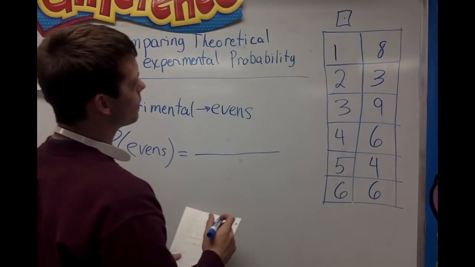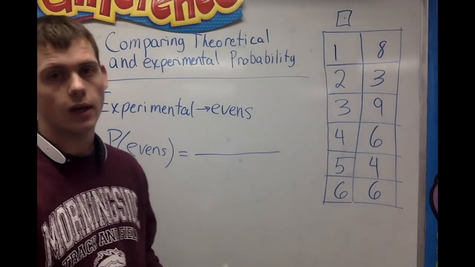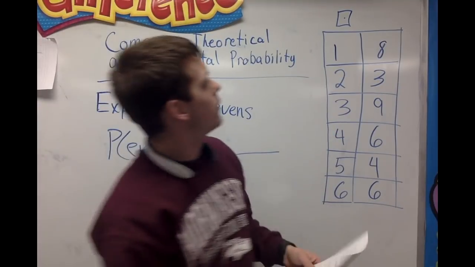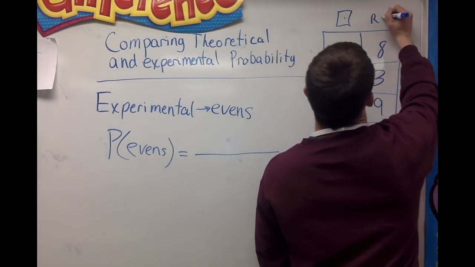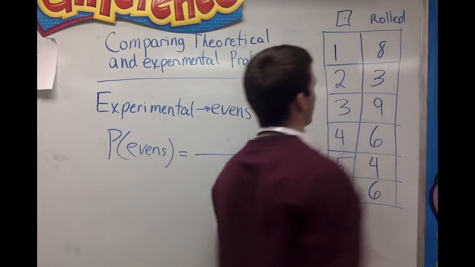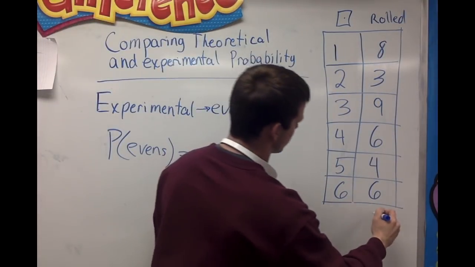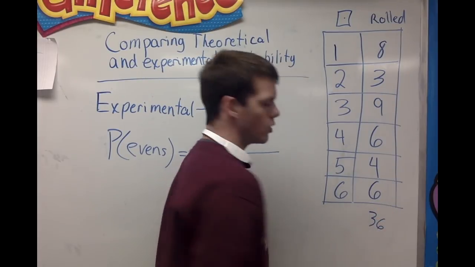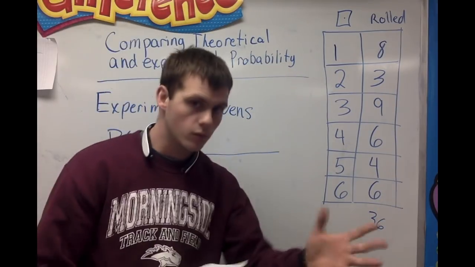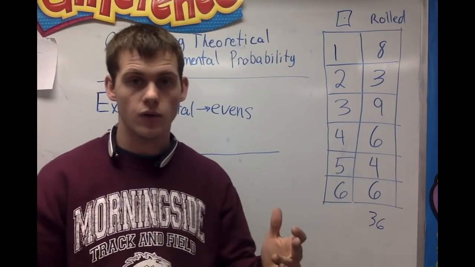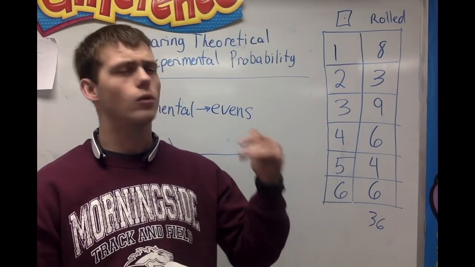The top is the amount of times the event actually occurred. So let's say we rolled our dice 36 times, just kind of like the spinner activity you did earlier in the week.